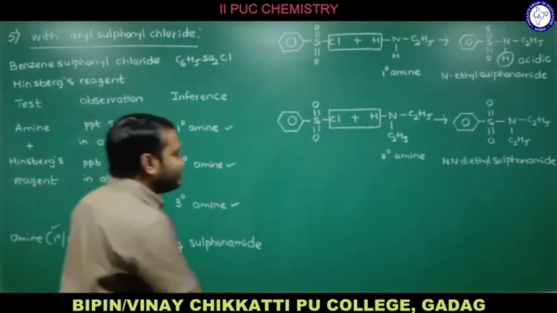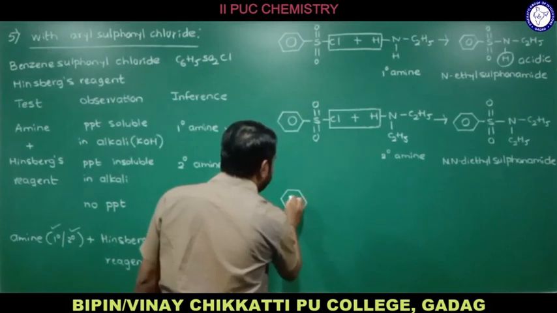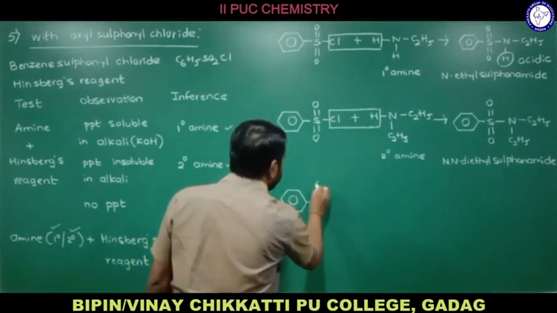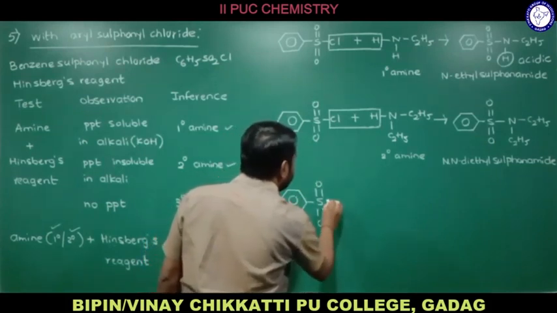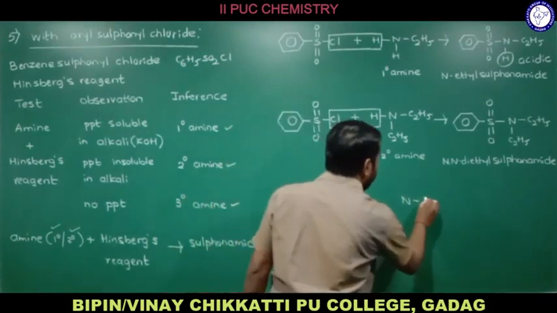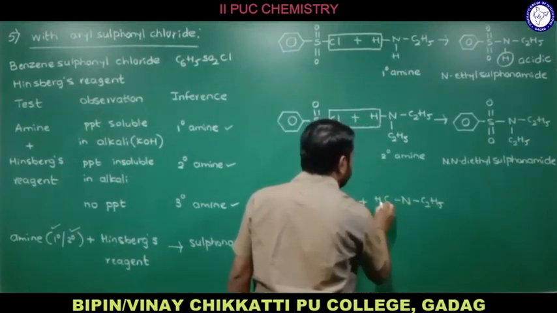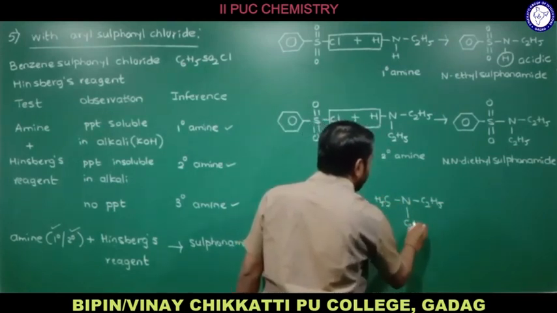Now, in the case of tertiary amines, I will consider benzene sulfonyl chloride reacting with a tertiary amine, where all the hydrogens are replaced by alkyl or aryl groups. So I have 3 ethyl groups over here.